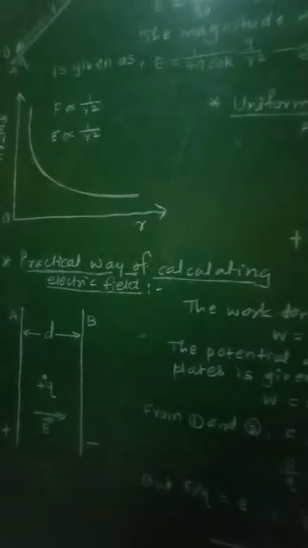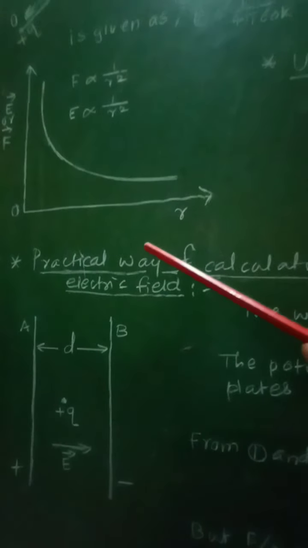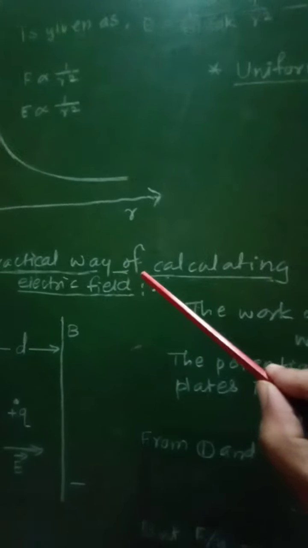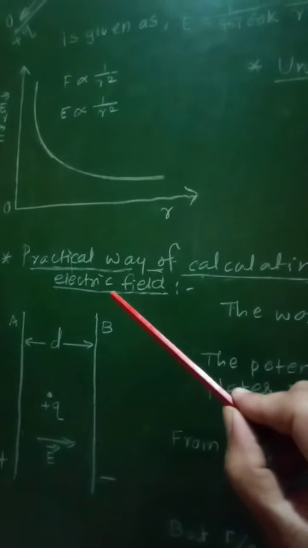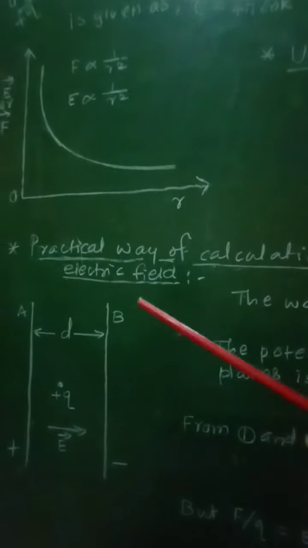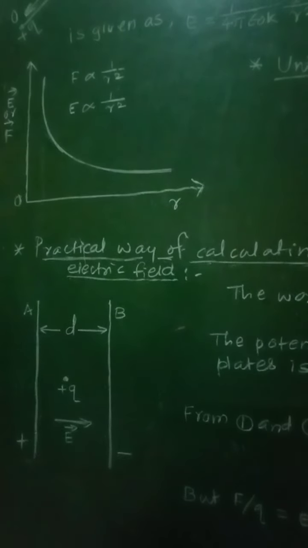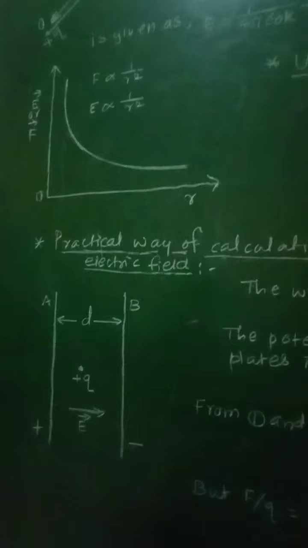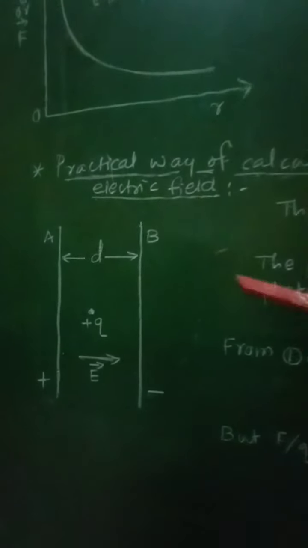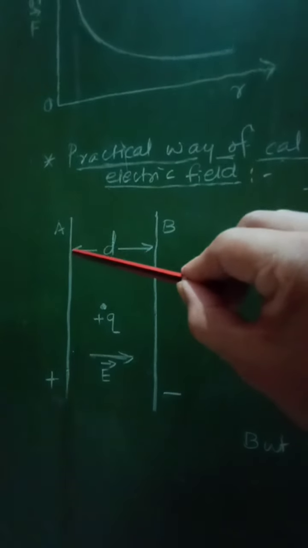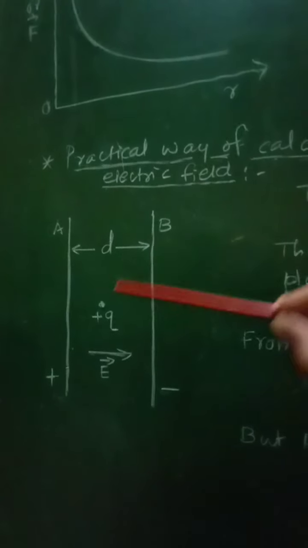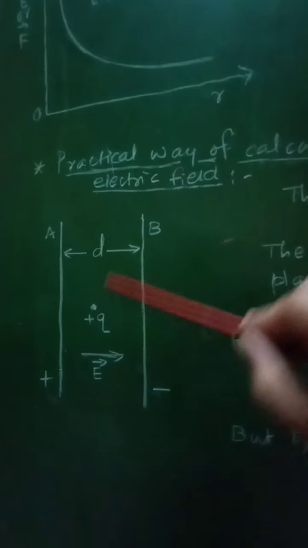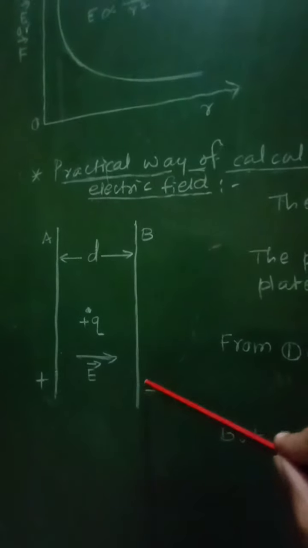Now let us consider the next point, that is the practical way of calculating electric field. So practically how electric field can be calculated. For that purpose let us consider two parallel plates A and B. Plate A is positive, plate B is negative.